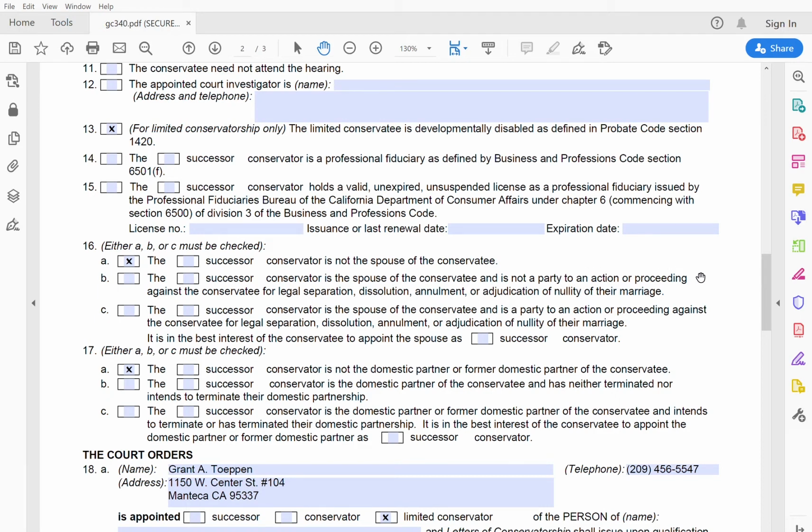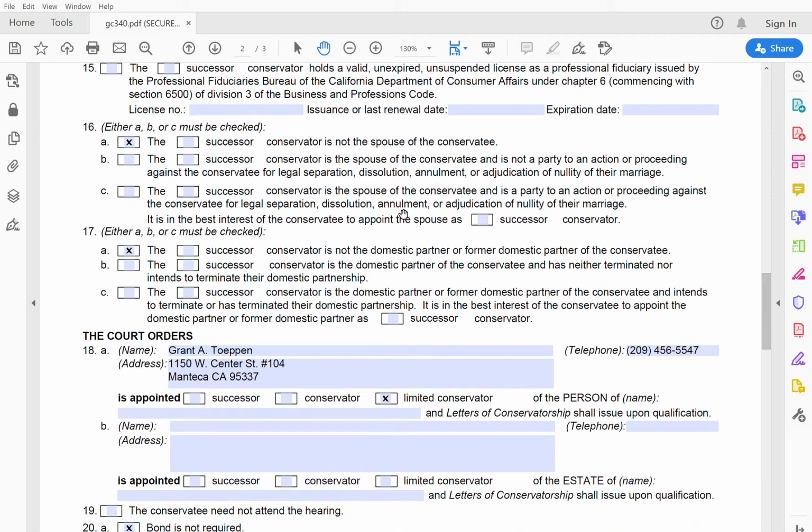So I'm not going through a divorce with the proposed limited conservatee. Or the conservator is the spouse of the conservatee and is party to such an action or proceeding. So I don't have to worry about that. I'm checking I'm not the spouse, but if I was, it would be either B or C here.